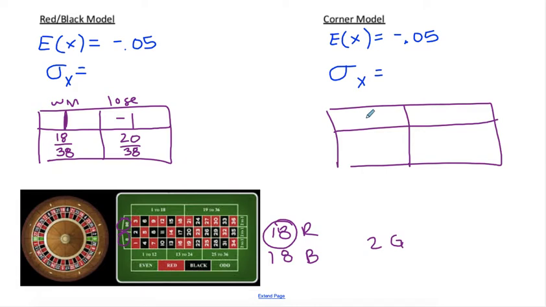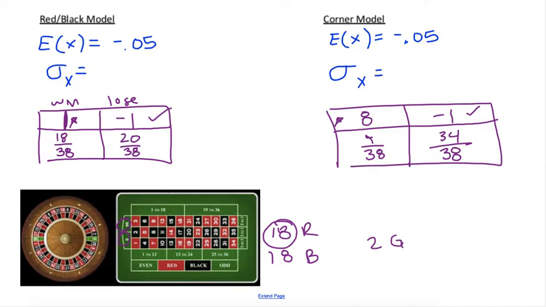That was we could win $8 or lose our dollar, but this happened 4 out of the 38 times, and this happened 34 out of the 38 times. And so if we want to compare their variations, they have the same idea. It's a dollar bet, we could lose $1. So if they have the same expected value here, why are the payoffs so different here?